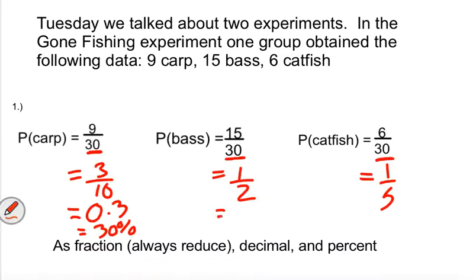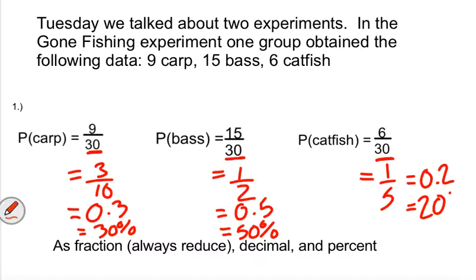This one equals 0.5, or 50%. I'm saying this like you can see me standing up here writing this. I know you can't. This is 0.2 or 20%. Now when I add all of those up, it equals 100%, or the decimal equals 1, or the fraction would equal 1 as well.